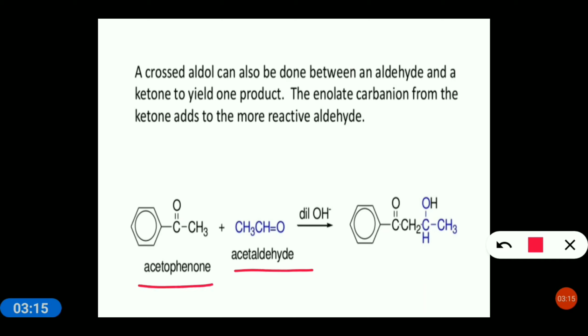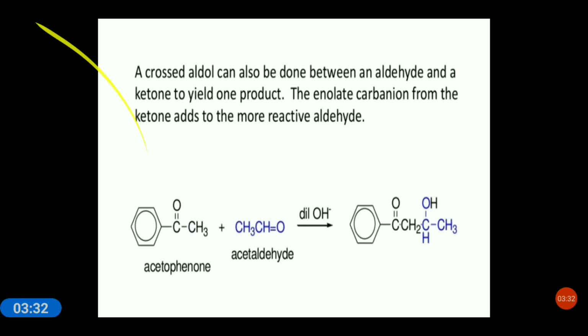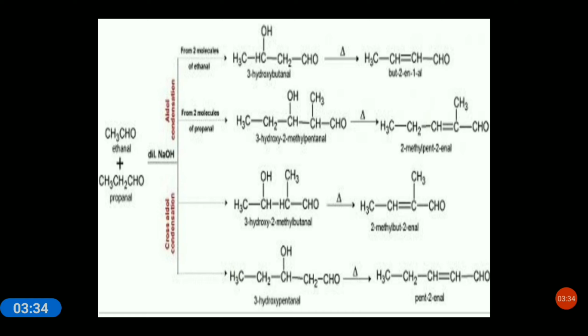The enolate carbanion from the ketone adds to the more reactive aldehyde. So what will happen? Here this will remain intact and OH will move from here to form the product. You can have the summary for the cross aldol, and this question is there in NCERT also.